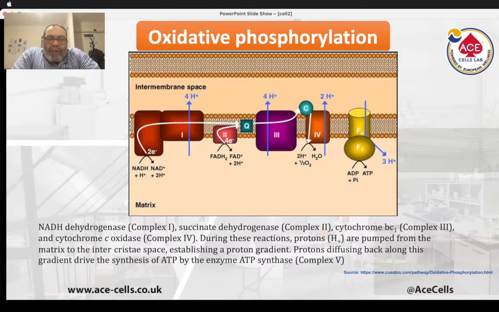Inside the matrix of the mitochondria, NADH is converted into NAD plus, releasing 2 electrons. FADH is dehydrogenated into FAD plus, releasing 4 electrons. And these go into the intermembrane space.